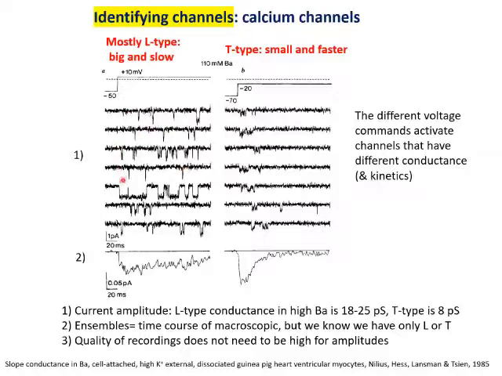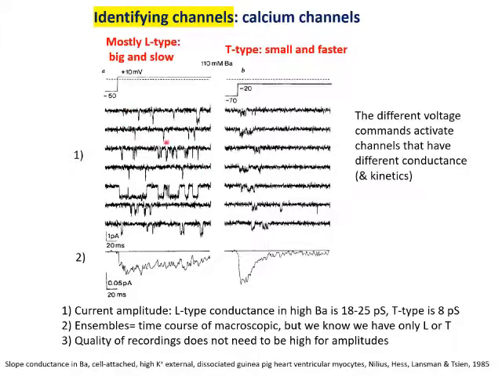You have either big, slowish channels, and these are the L-type channels, or you can have small, short-opening, faster channels, and these open more quickly perhaps when there is the voltage jump here.